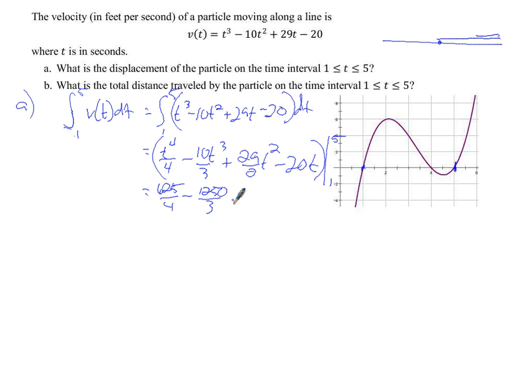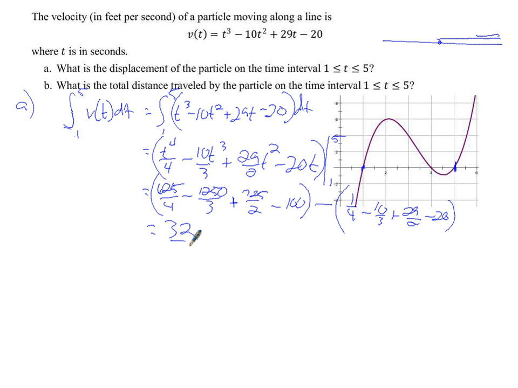So I would actually be using my calculator right now. 29 times 25 divided by 2. Not an even number. 725 over 2, and then minus 100. All of that minus all of this: 1/4 minus 10/3 plus 29 halves minus 20. Since you have a calculator in your hand, just set this up and press enter. What do you get?